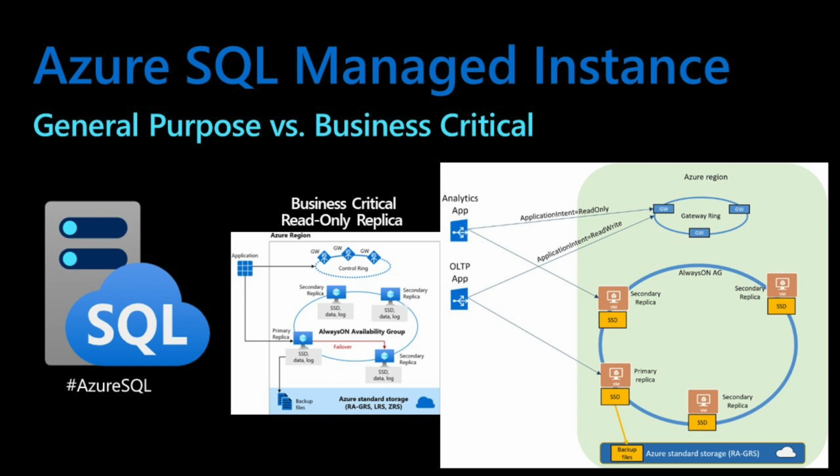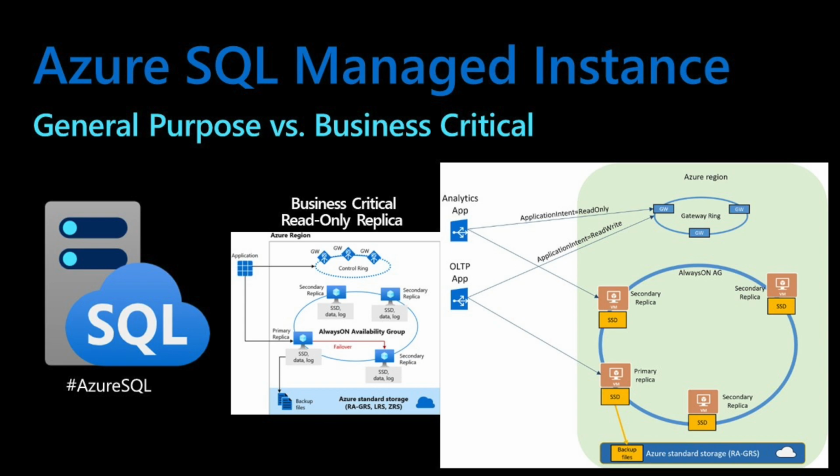The gateway would then redirect the application to the primary replica so that it can perform both read and write workloads. Whereas our analytics application would talk to the gateway and say, hey, I need to talk to the Azure SQL Managed Instance, but I only need to do read-only workloads. So then the gateway would point our application to one of the secondary replica nodes.